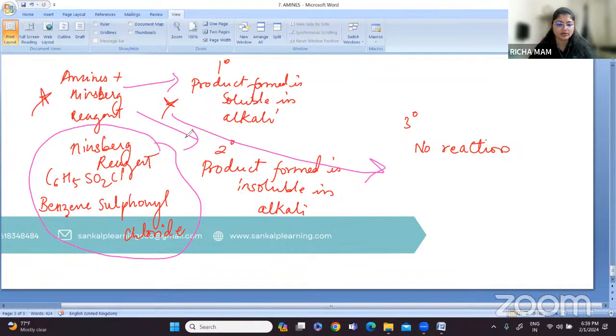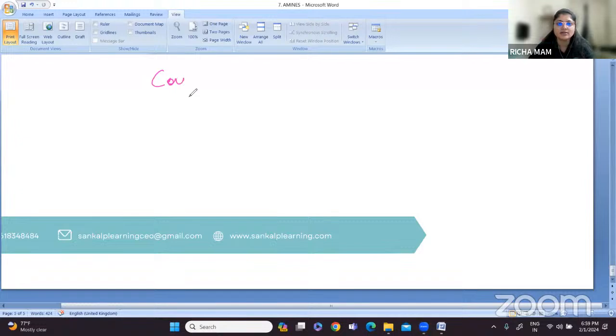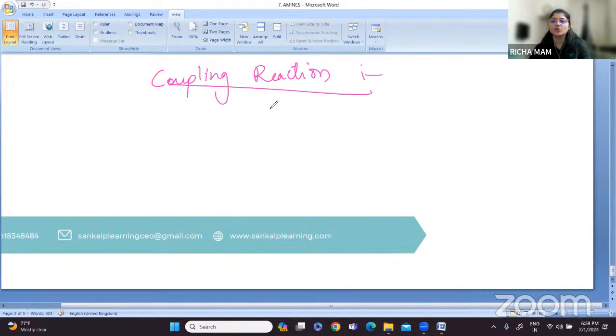One more is the coupling reaction. What is the coupling reaction, students? That is azo compounds. Just go through the orange dye reaction, orange dye and yellow dye, very important.